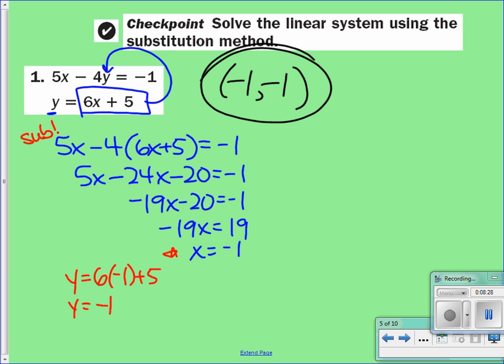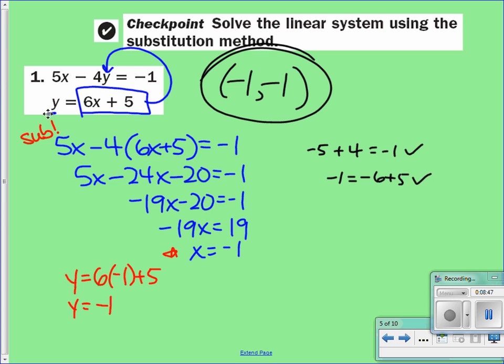And let's double check to make sure that's the right answer. So in equation 1, 5 times my x minus 4 times my y equals negative 1, and that is true. And negative 1 equals my 6 times negative 1 plus 5, and that's true as well.